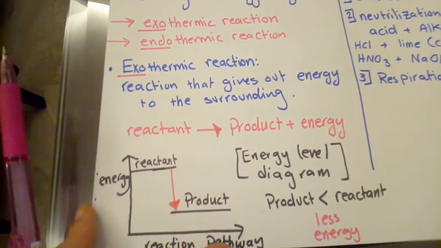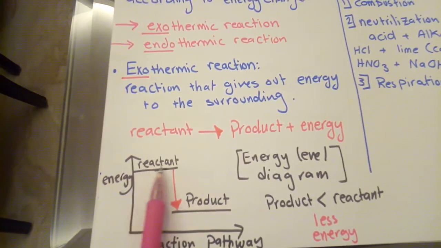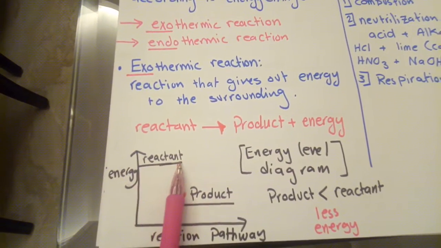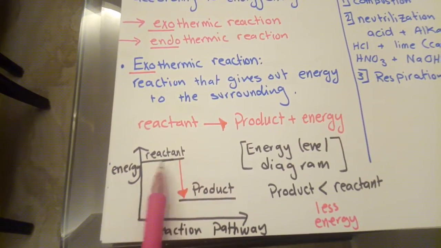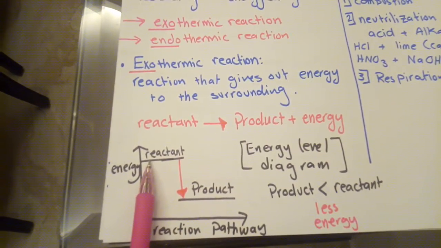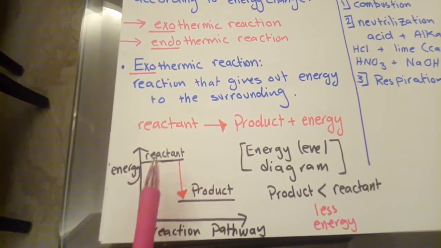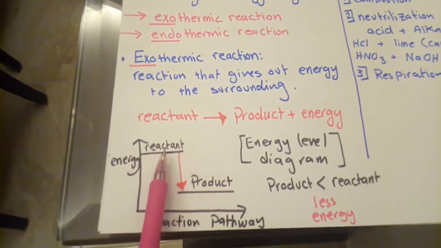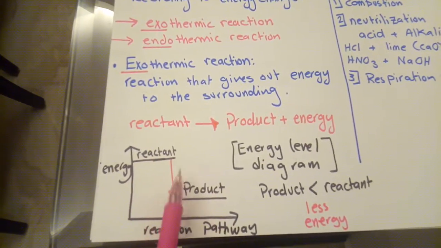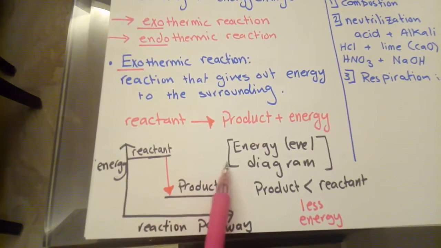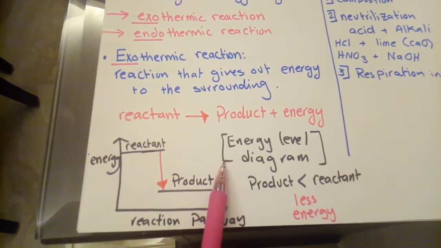It means that I will start with reactants at a specific energy level. After they react with each other, they will lose energy in order to give products. The energy will be released to my surrounding.